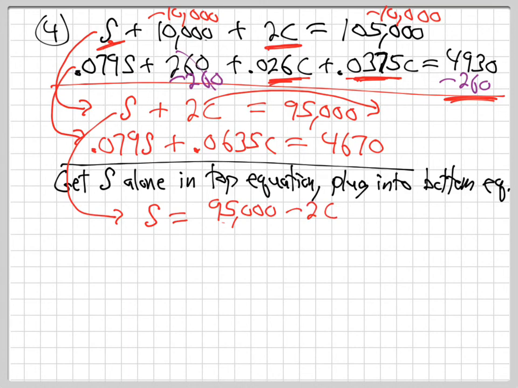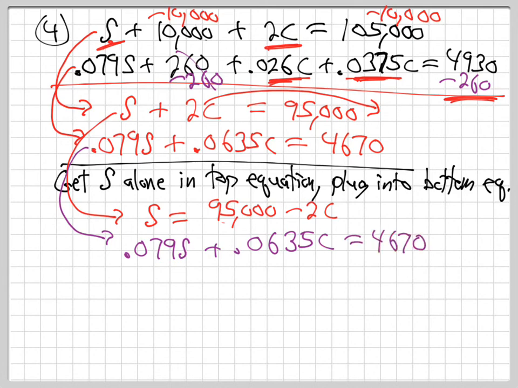And then I'm going to plug that into the bottom equation. Let me bring down the bottom: 0.079S plus 0.0635C is 4670. I'm going to take that right there and plug in for S right there.